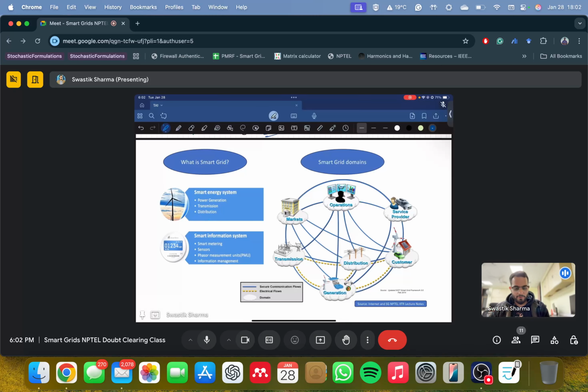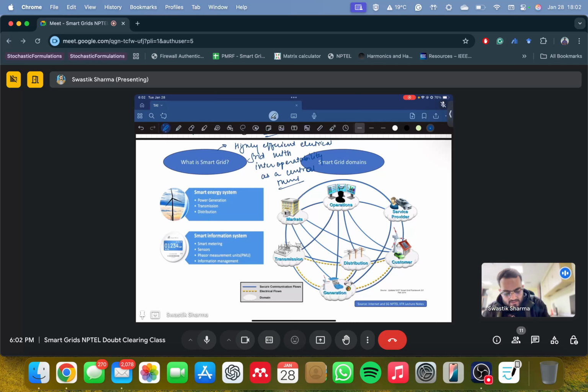You can come up with your own definitions, but in a technical sense, these are highly efficient electrical grids with interoperability as a central theme.